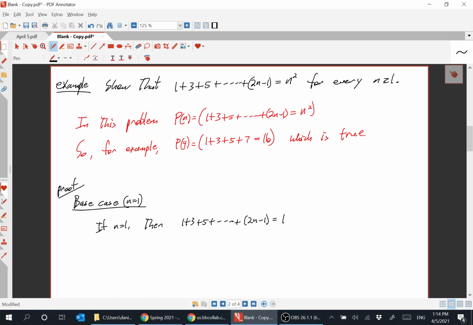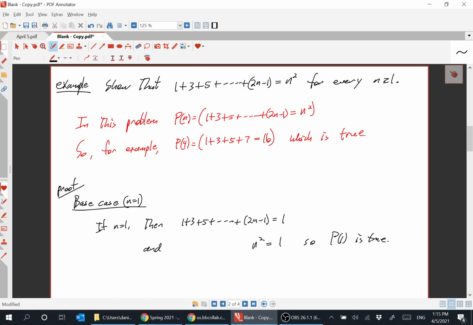The first three odd numbers, 1 plus 3 plus 5. But we kind of write it like this to show the pattern. All right, and then n squared, when n is equal to 1, is 1 again. It's just 1, so P1 is true. Right, 1 is equal to 1.